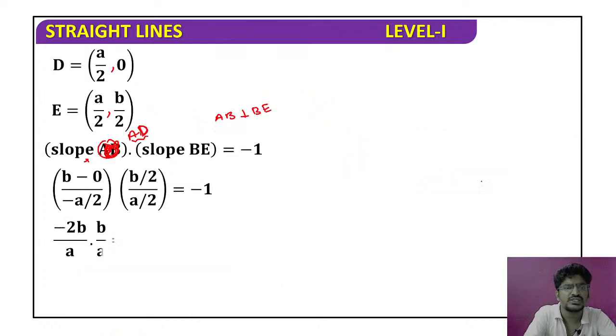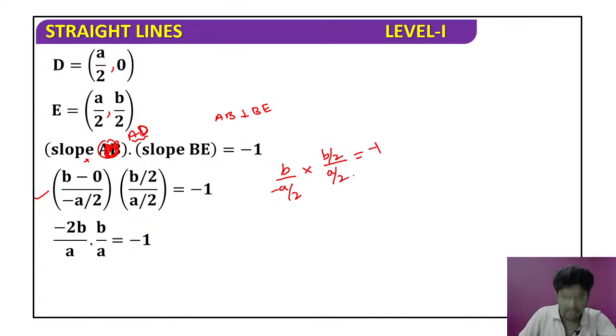Clear? So just see here, I am solving slope of AD into slope of BE equal to -1, that we have already written here. Therefore b divided by minus a by 2 multiplied with b by 2 divided by a by 2 is equal to -1. Now if you simplify this, you can write it as 2b divided by minus a multiplied with 2b divided by 2a.